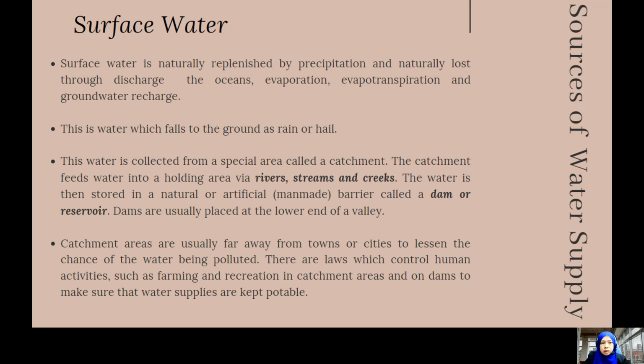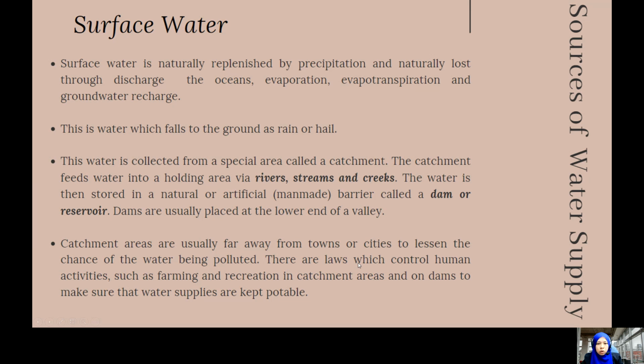Dams are usually placed at the lower end of a valley. Catchment areas are usually far away from the town or city to lessen the chance of the water being polluted.